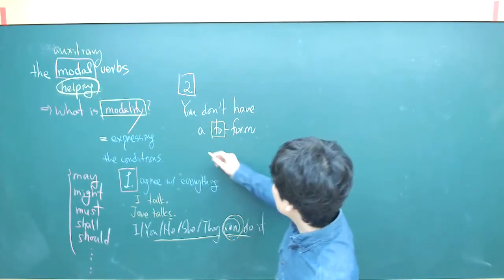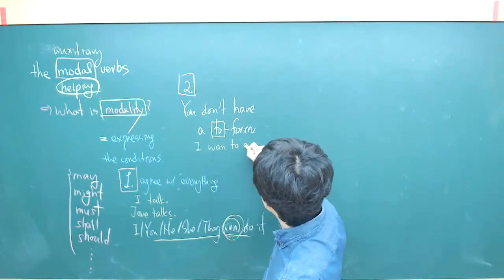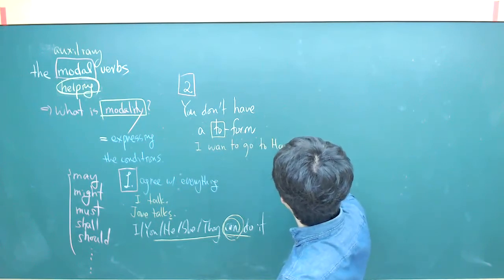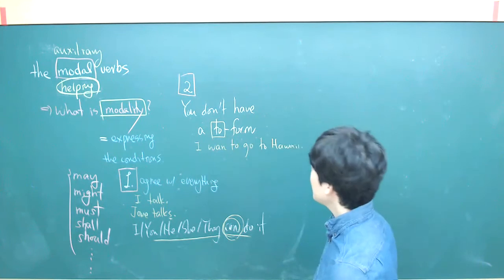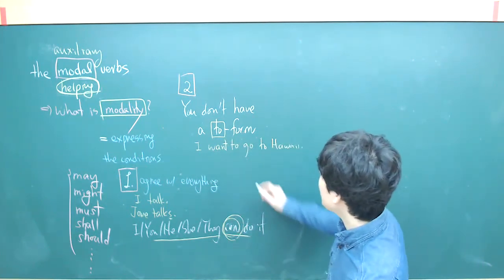For example, we can say like, I wanna go to Hawaii. I want to go, sorry, I wanna go to Hawaii.